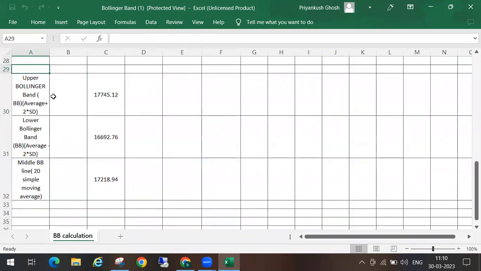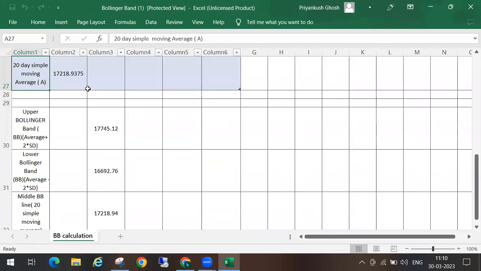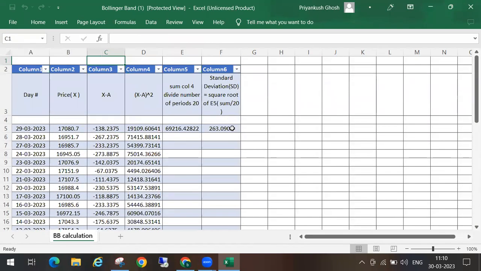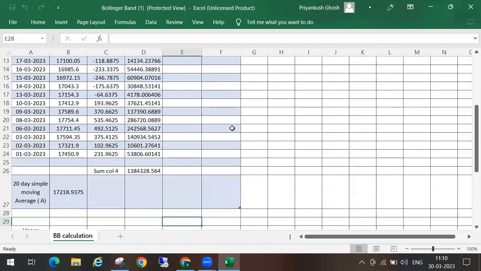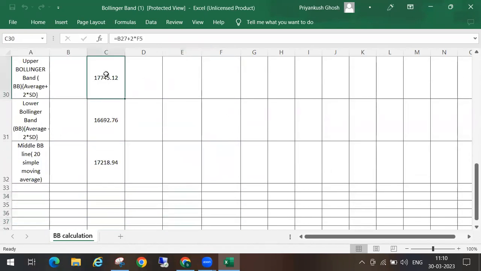So upper बॉलिंजर बैंड is that simple moving average plus 2 into standard deviation. So 17,218.94 plus 2 into 263.0909. ठीक है. तो ऐसे 2SD आ गया 17,745.12 and lower Bollinger Band, दो स्टैंडर्ड डिविएशन माइनस करूंगा एवरेज से, 16,692.76.